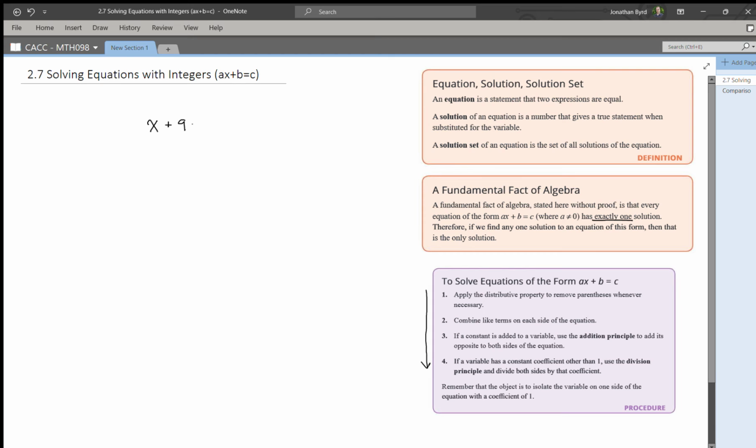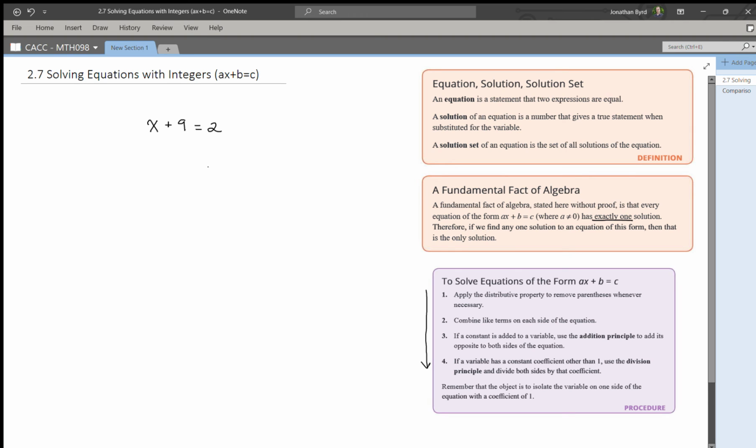So if I say x plus 9 equals 2, I can start trying to apply these rules to find a solution that works for this equation. All right, so I don't have any parentheses, so I don't need to distribute anything. Combining like terms on each side of the equation, remember that like terms are either constants or variables with the same degree. So here I don't have any like terms to combine.